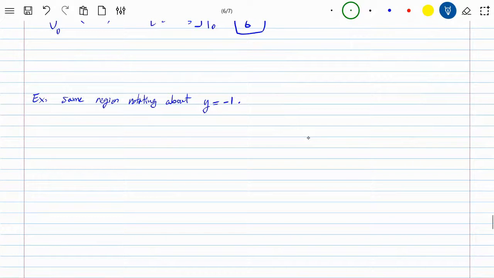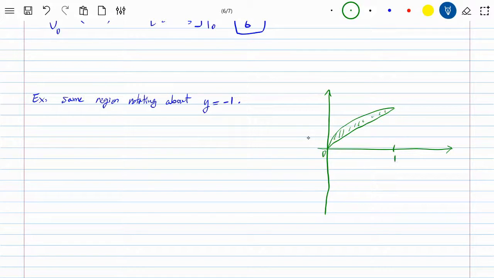So if you consider this, again, this is kind of difficult to draw, but I'll do my best to give you an idea. So this is the same region from 0 to 1. And now they say rotate this about the line y equal to -1.